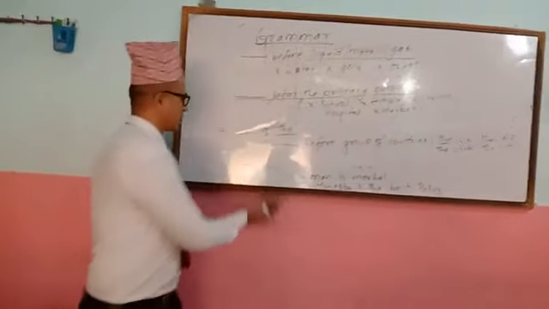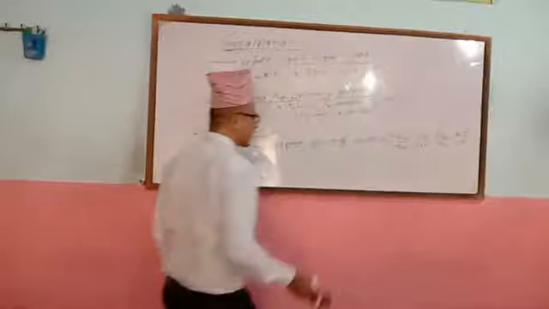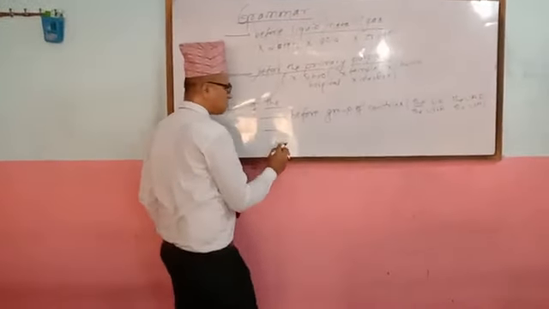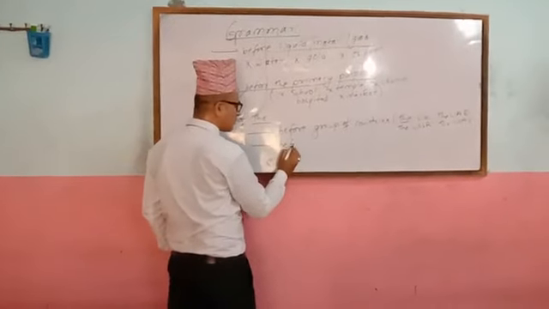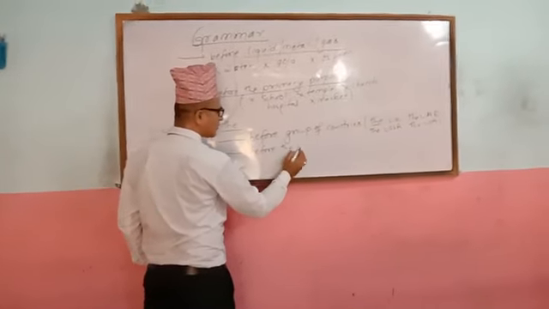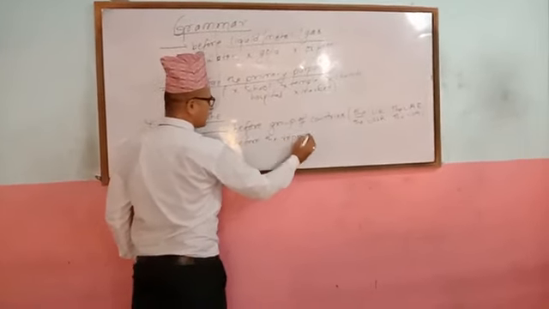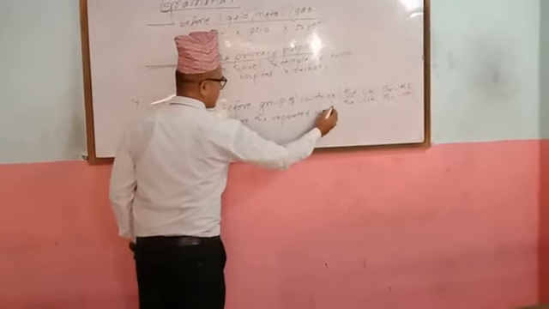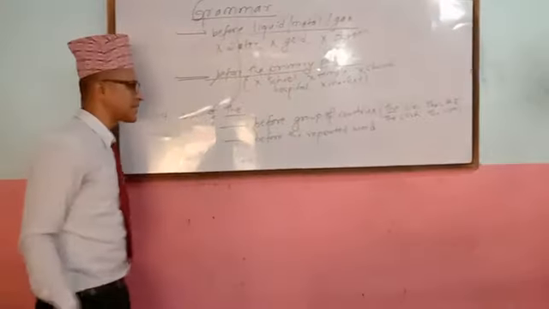So, this is a definite article. Before the repeated word. If the word is repeated once again in the same sentence or the following sentence of the same paragraph, we have to use the.